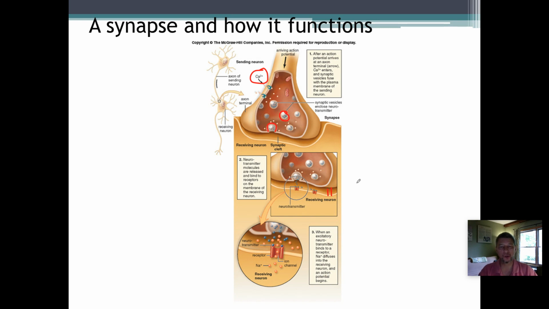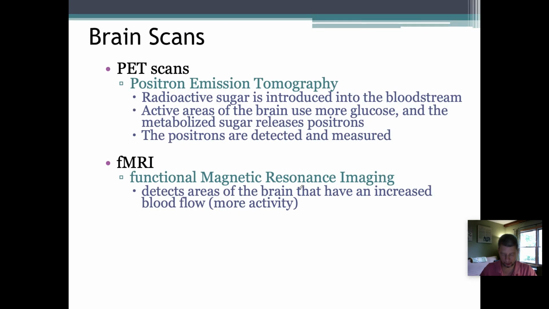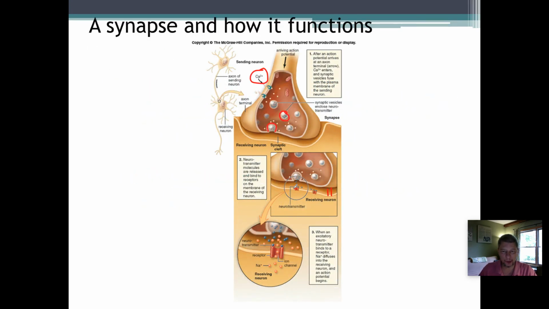All right, so the neurotransmitter molecules are released, and eventually they bind to receptors here. All right, they bind to receptors on the postsynaptic neuron, the receiving neuron. All right, and so the little blue dots in here represent those neurotransmitters. Now, when an excitatory neurotransmitter binds to the receptor, so only for an excitatory one, that causes sodium to diffuse into the receiving neuron.